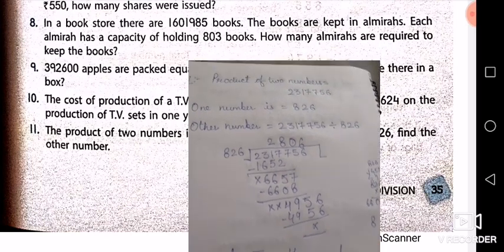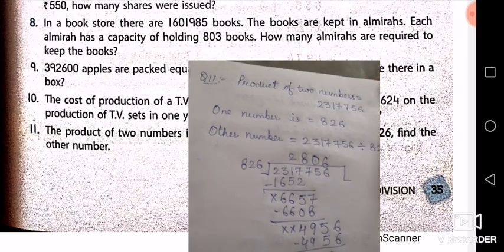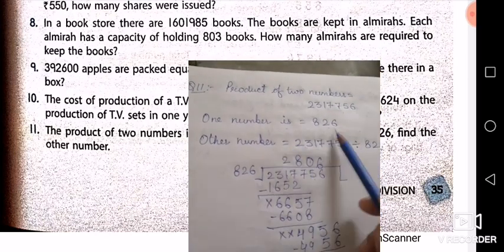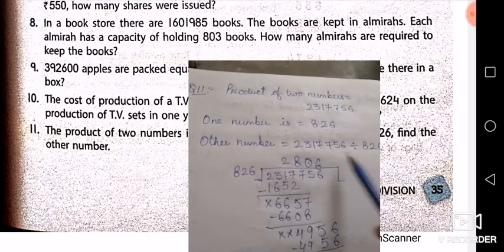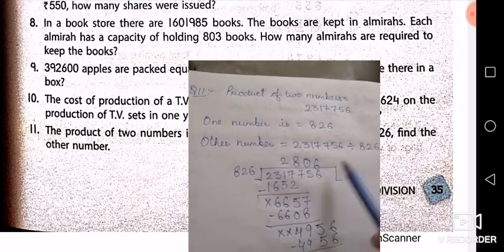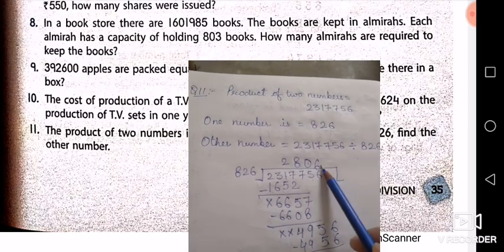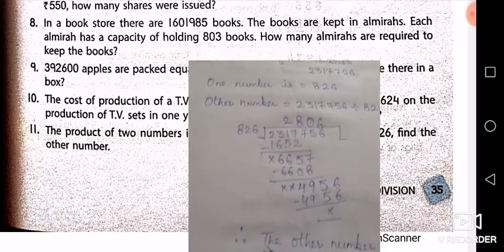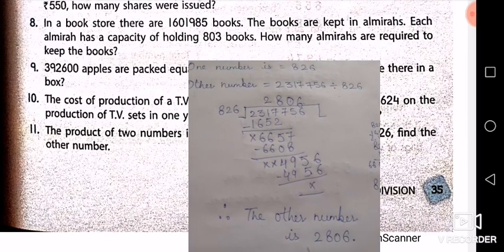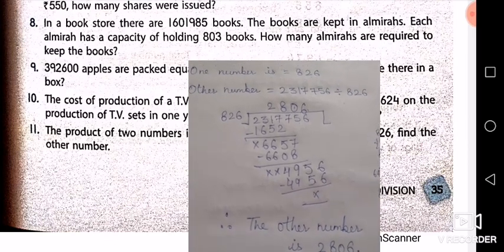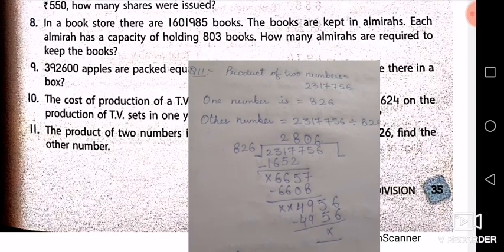Remember this: always when a question is given where the product of two numbers is given and one number is given, and you have to find the other number, you will do division, and whatever quotient you get will become your other number. Therefore the other number is 2806. I hope this question is clear to you all.